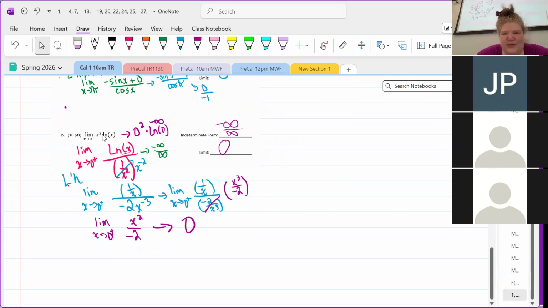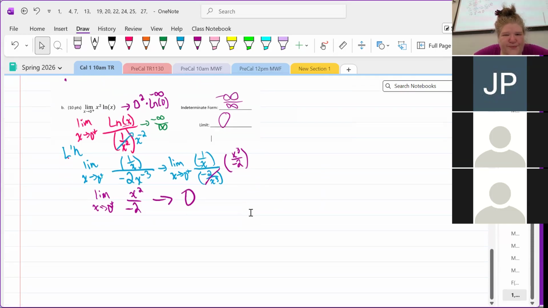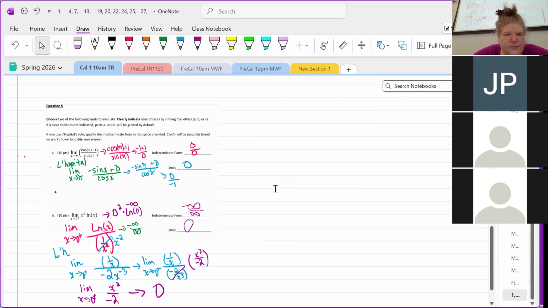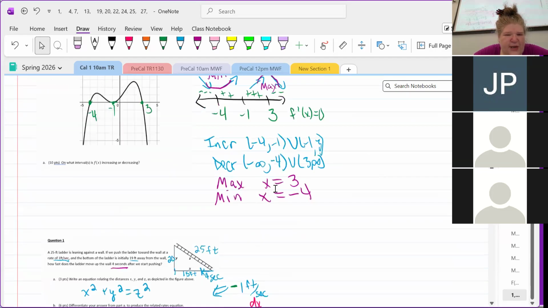Some of y'all remembered it was a product, so tried to apply the product rule. Some of y'all just took the derivative of each piece. All right, so that's the highlight reel from grading the exam.